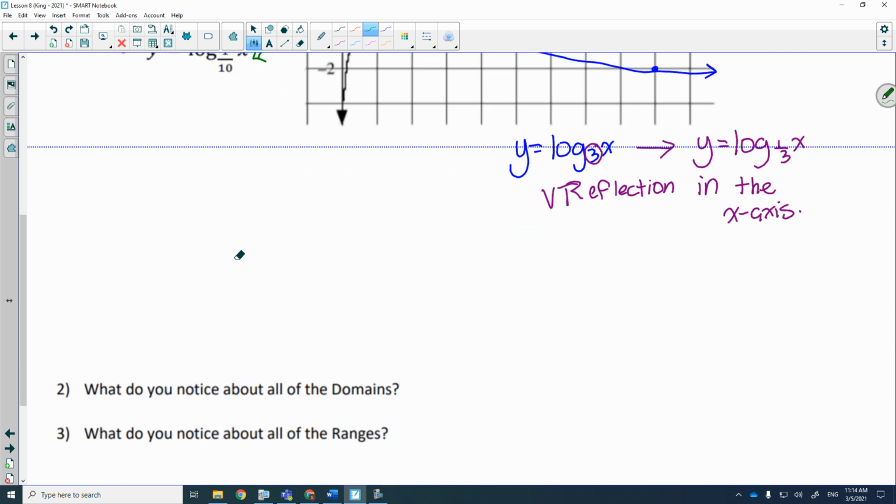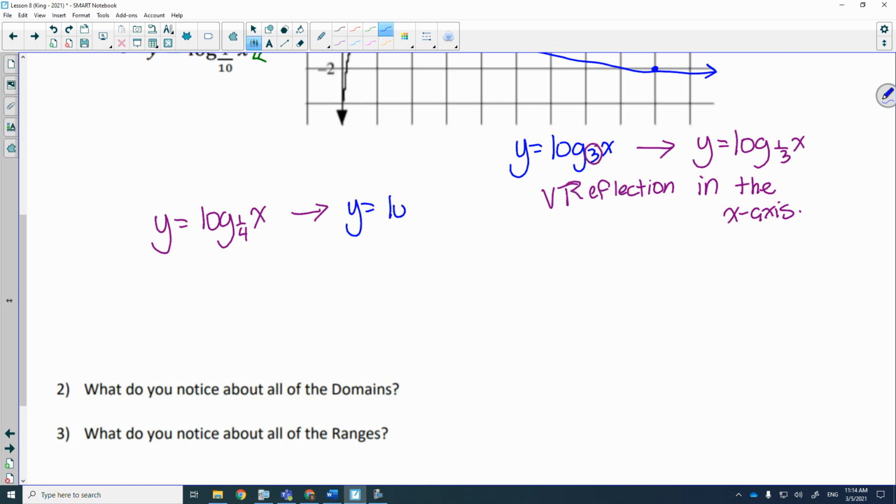The other way I could ask it is I could say y is equal to log base 1/4 of x. What would this guy be after it undergoes a vertical reflection about the x-axis? Yeah. So for vertical reflections, all we need to know is that we reciprocate that base.